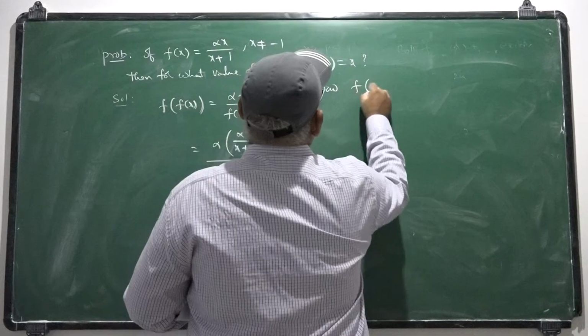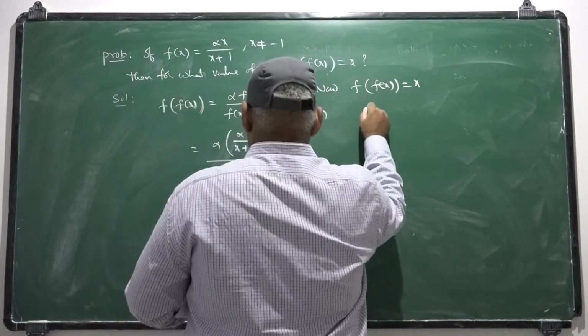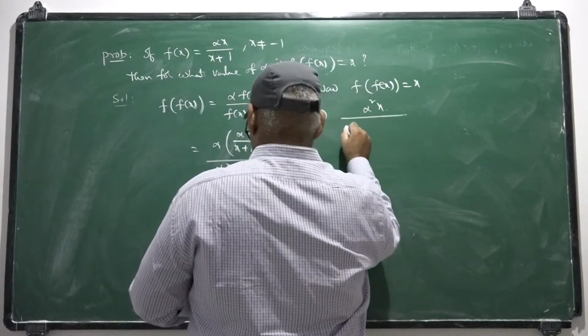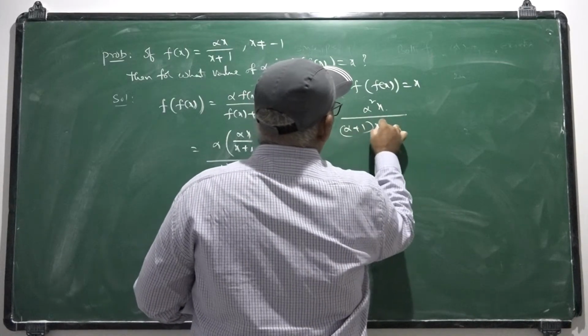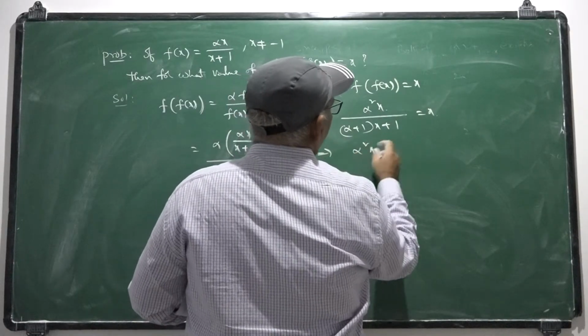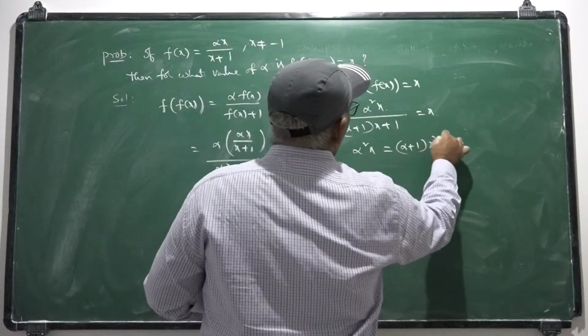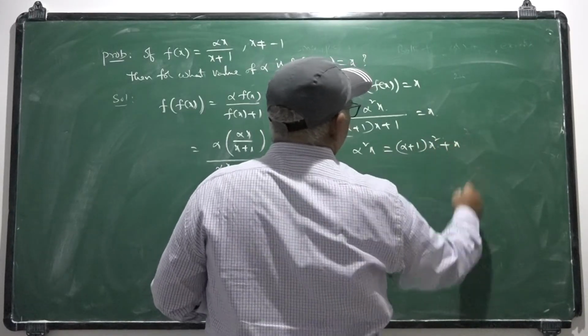Now, f of f(x) is x implies alpha square x by alpha plus 1 x plus 1 is x. Taking cross multiplication, we get x square plus x.